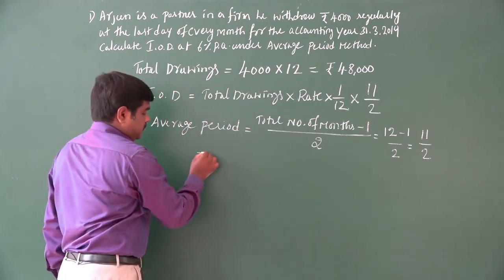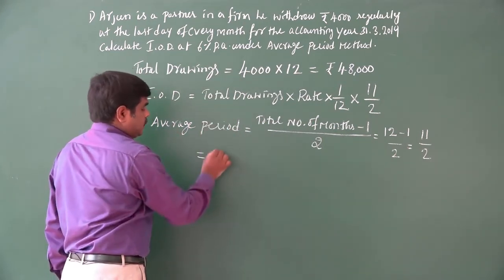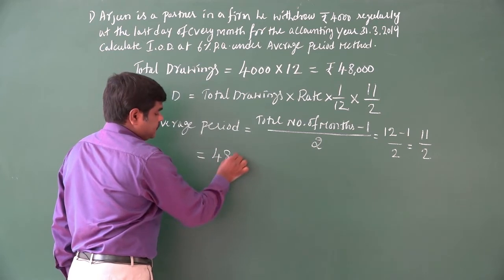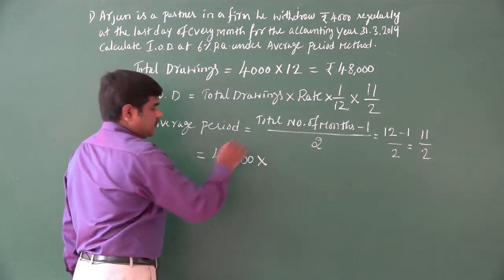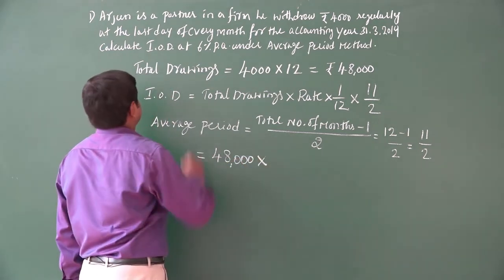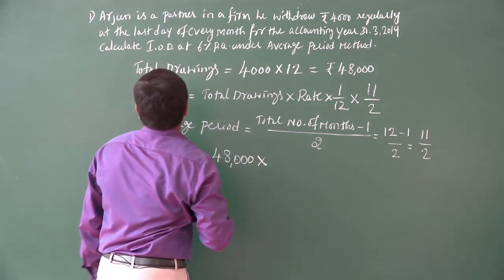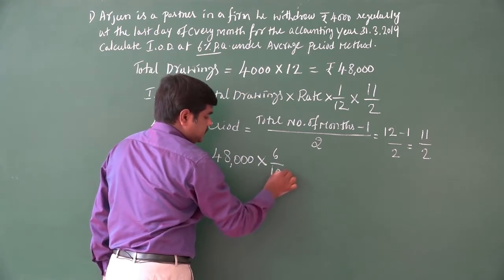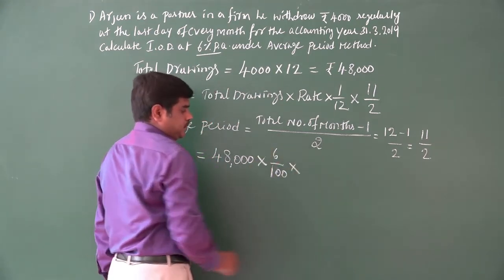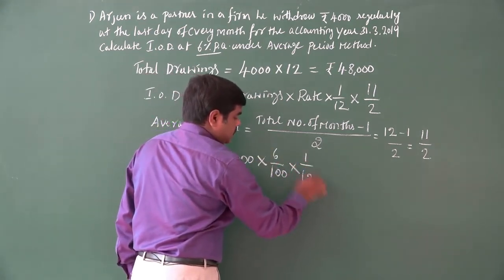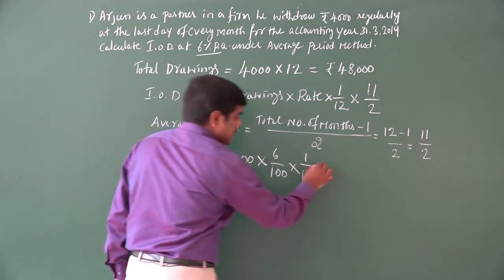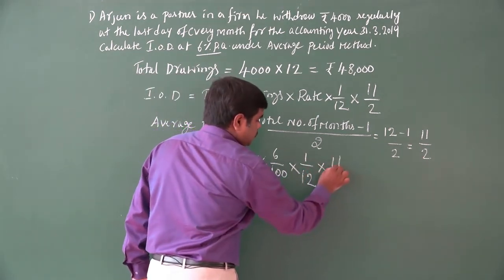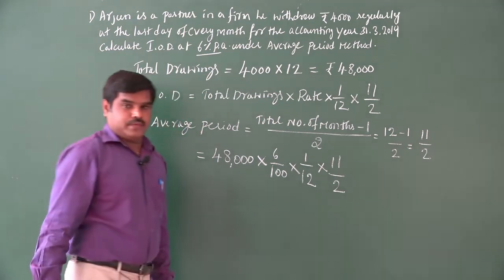Apply the formula. Total drawings is 48,000, rate 6%, into 1 over 12, into average period 11 over 2.